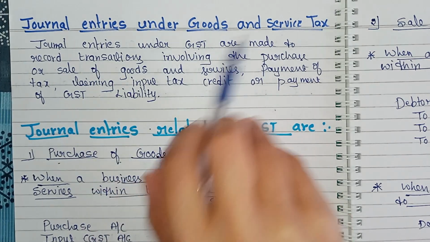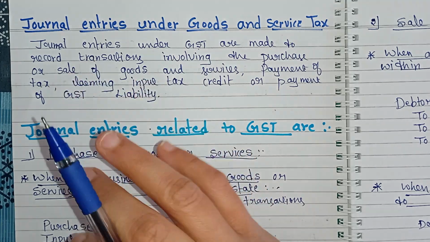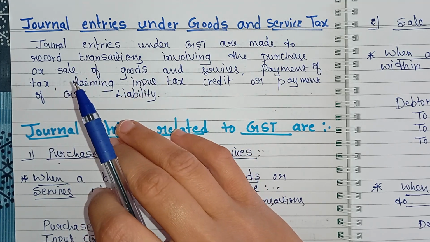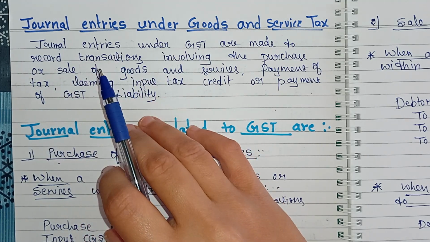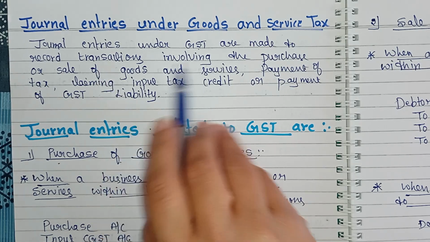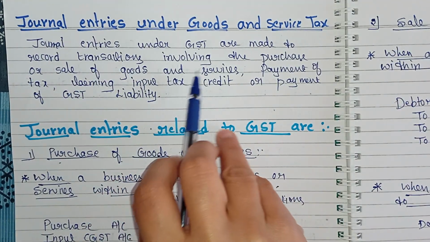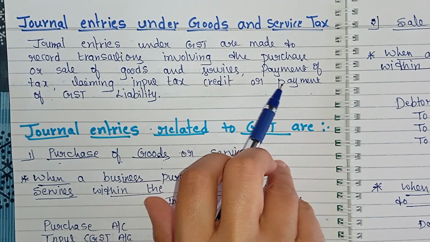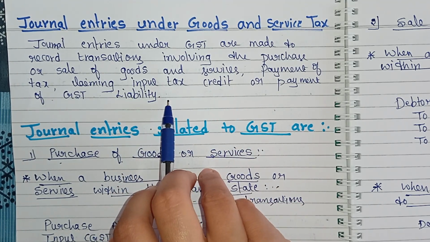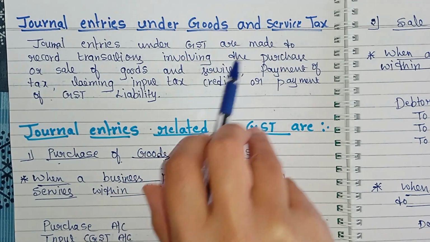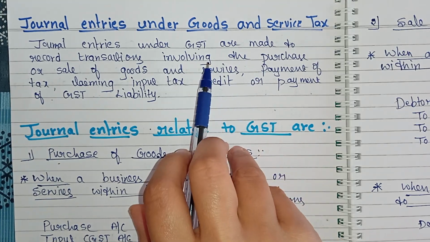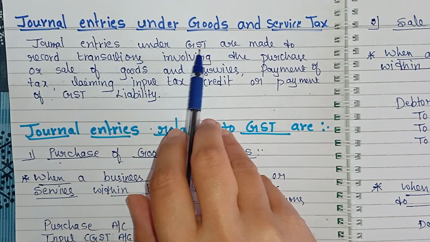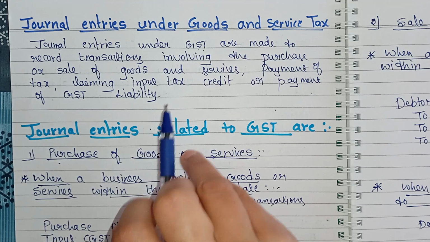For these transactions we need to pass the journal entries under GST. Now we will see one by one.